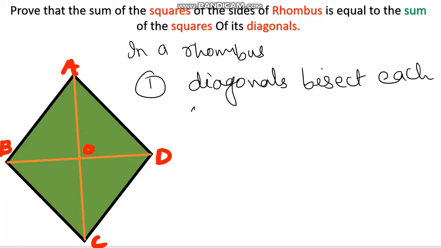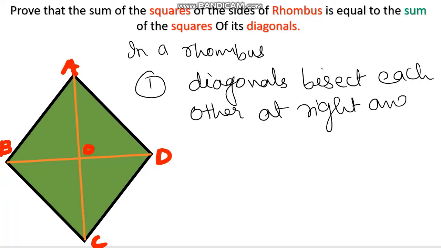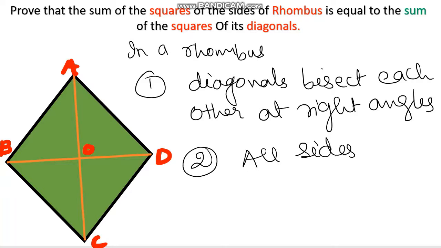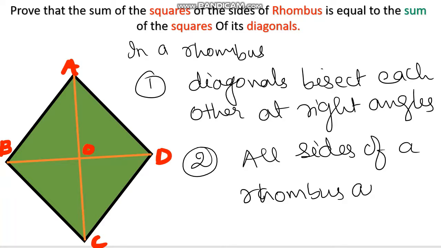And the second thing you should know is all sides of a rhombus are equal. Now using these two properties, we shall solve the given sum.